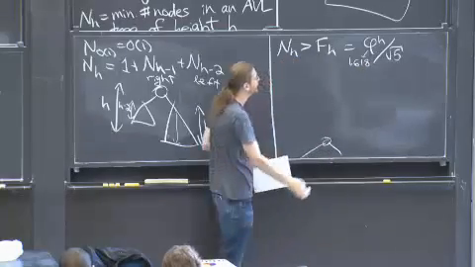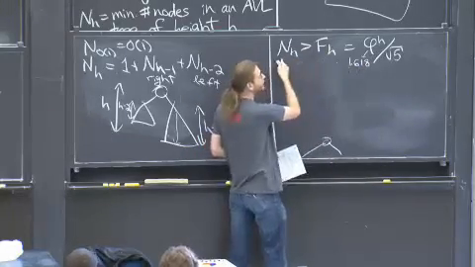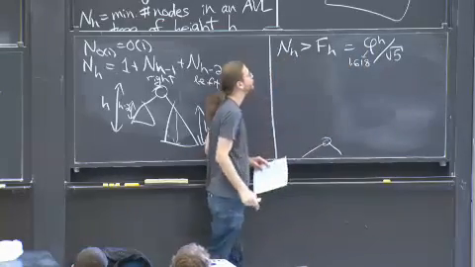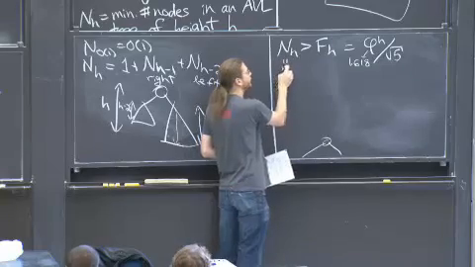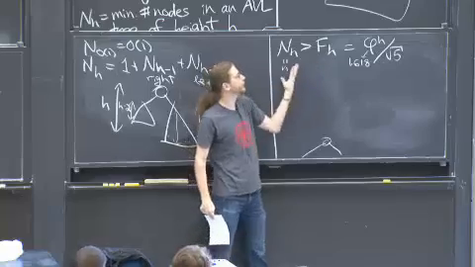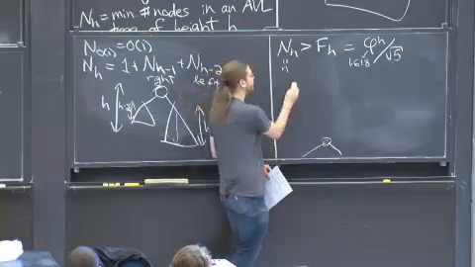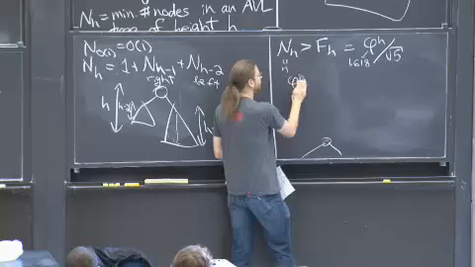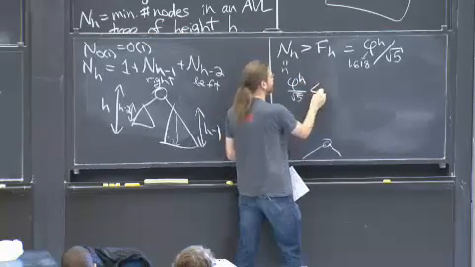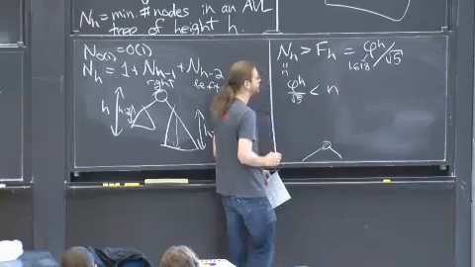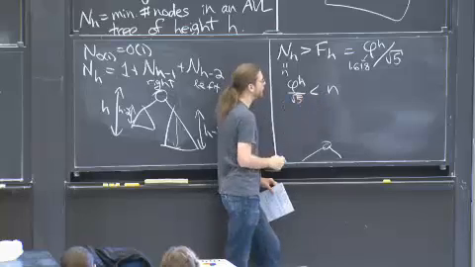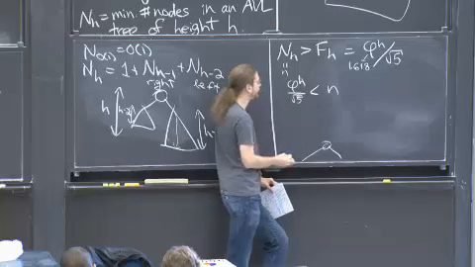And so what we get is that if we invert this, this says n sub h is bigger than some phi to the h. This is our n, basically. What we really want to know is how h relates to n, which is just inverting this formula. So we have, on the other hand, phi to the h divided by root 5 is less than n. So I take log base phi of both sides.